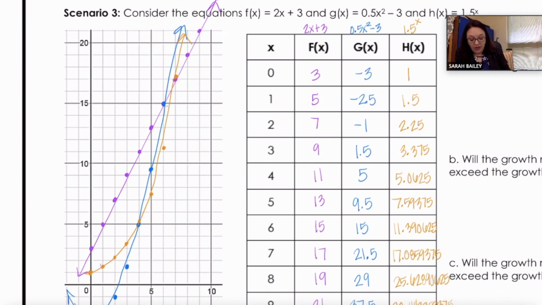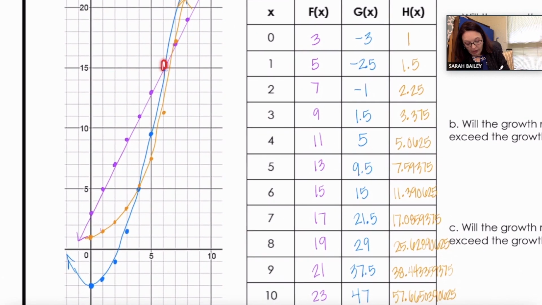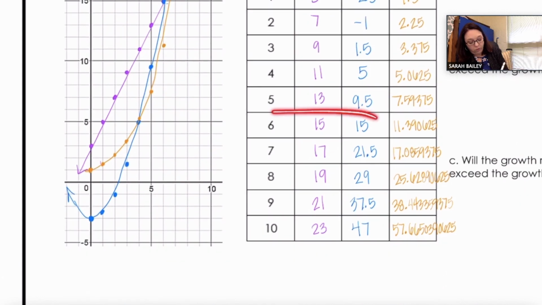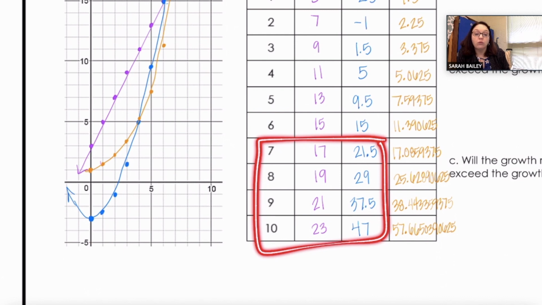G of x will exceed f of x. And we can see that that's going to happen right here when x is 6. And we can see that in the table too. So when x is 6, g of x and f of x have the same y value, right? They're the same. But as soon as we get higher than 6, my blue numbers are larger than my purple numbers.